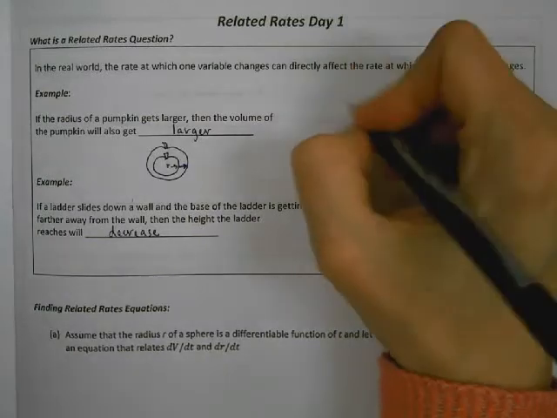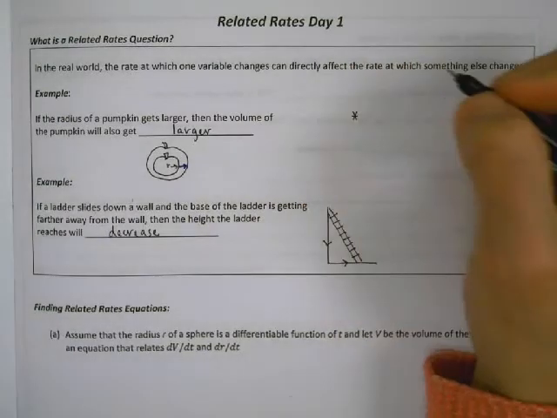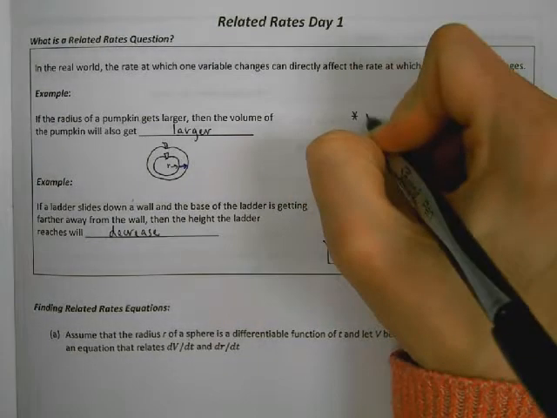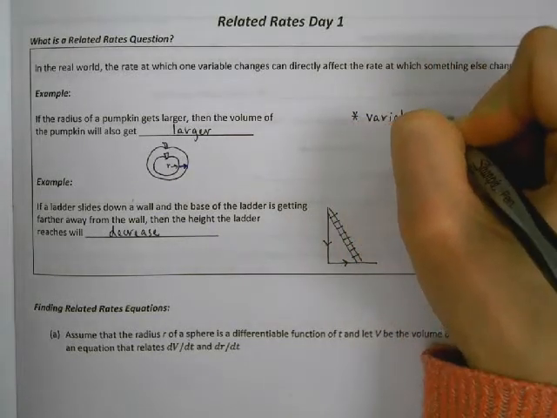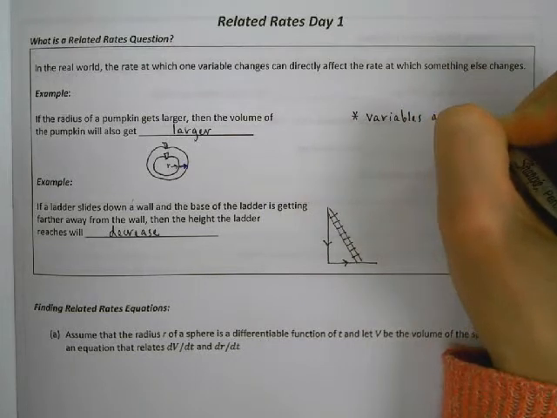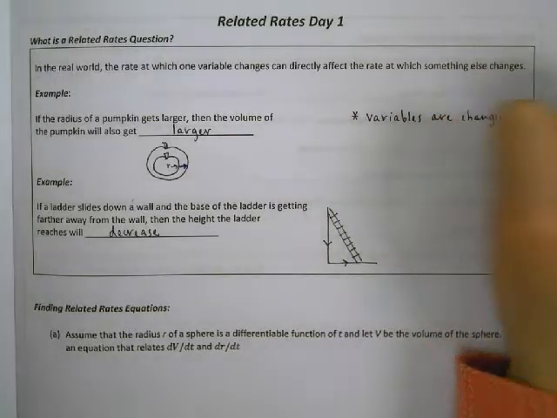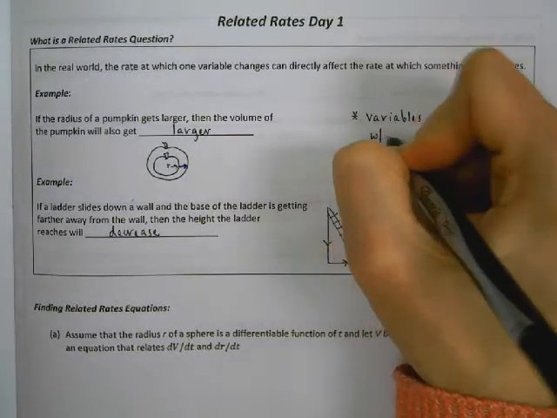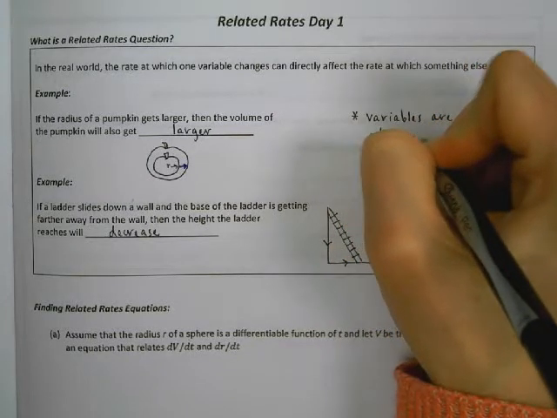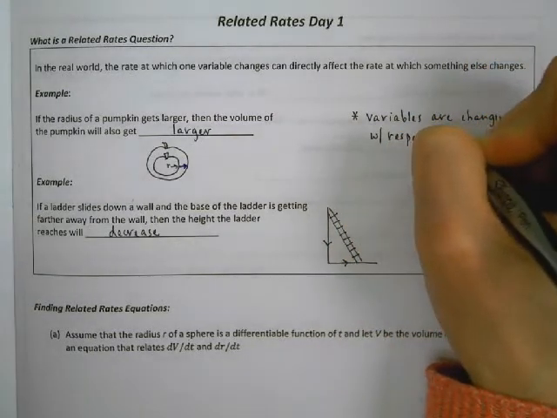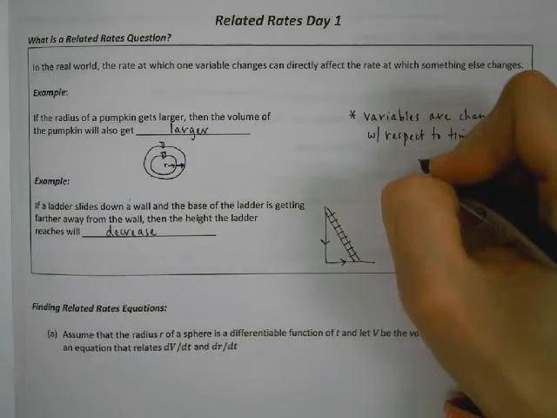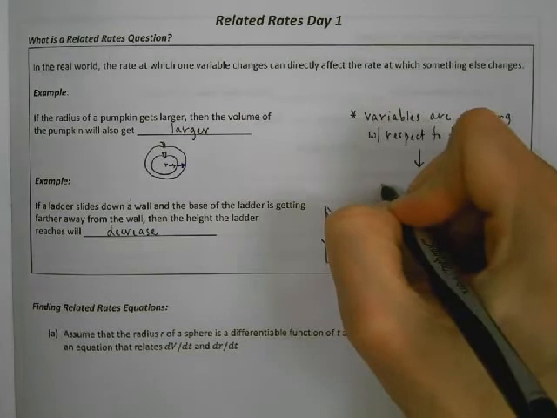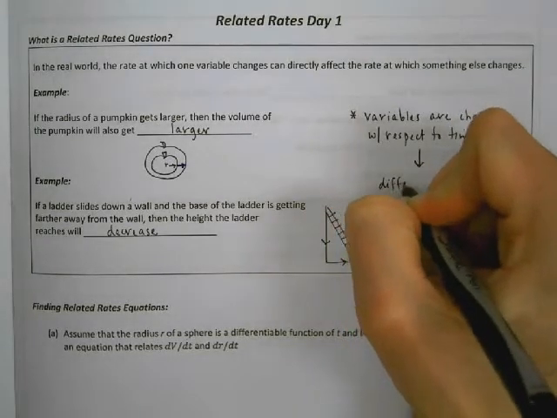One thing I want to make a note of here is that we're always talking about the variables changing with respect to time. So since the variables are changing with respect to time, we're always going to be differentiating with respect to time.